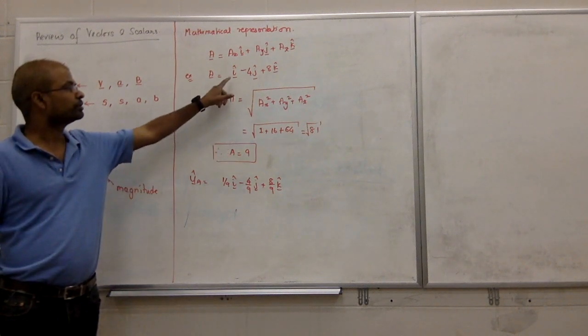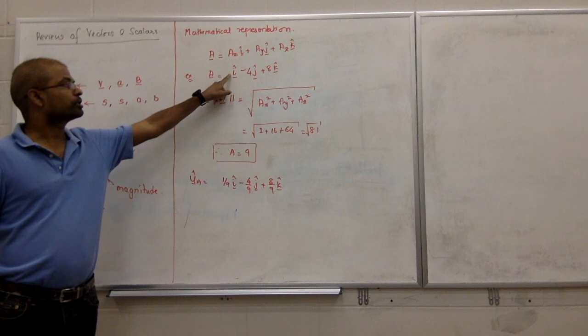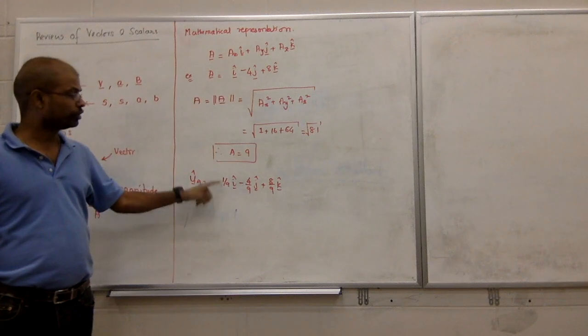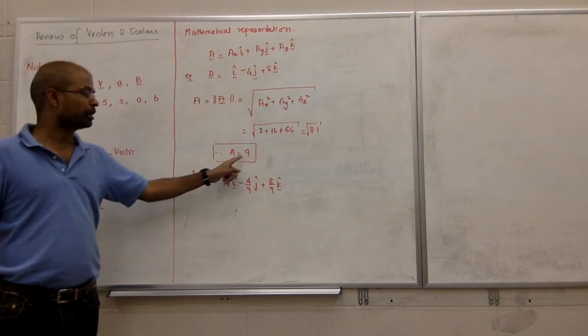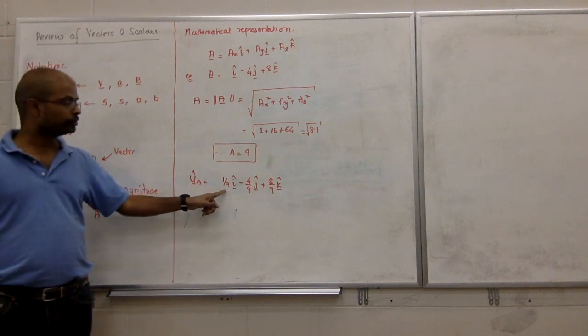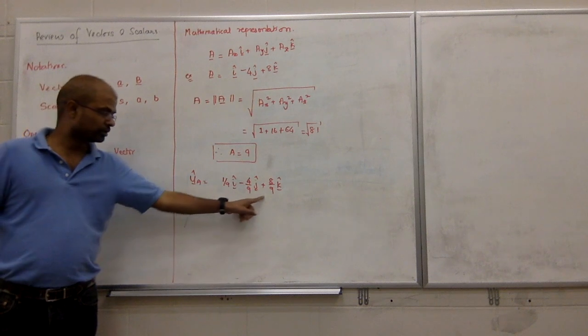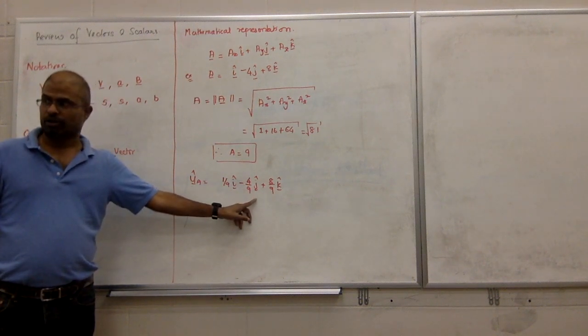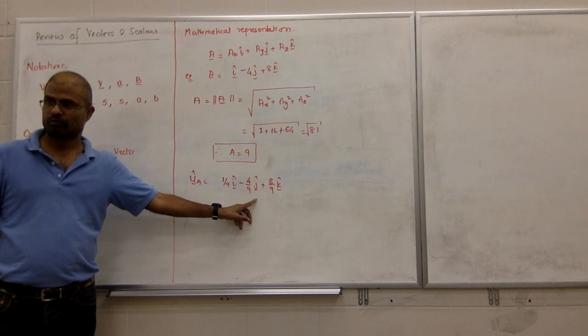You have to look at what is the coefficient of I? 1 over 9. You multiply each of the coefficients by 9. Got it? So you're going to get this. If you take the magnitude of this, how much are you supposed to get? 1.